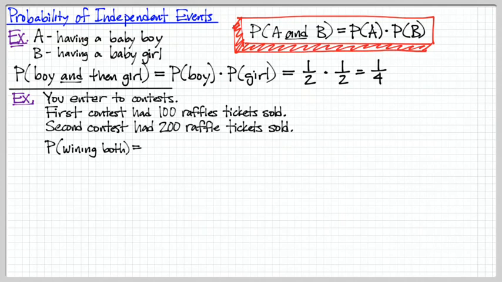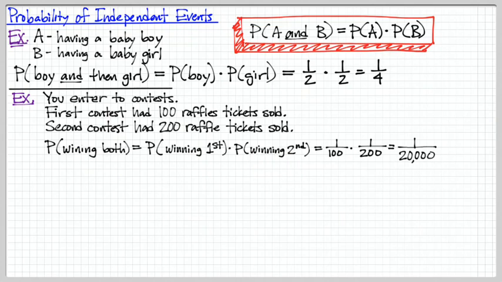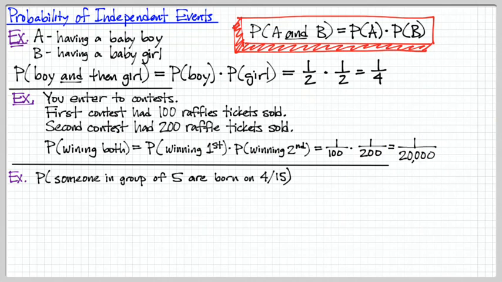The first contest had 100 raffle tickets sold, and the second contest had 200 raffle tickets sold, and they're independent events. So the probability of winning both is equal to the probability of winning the first one multiplied times the probability of winning the second one. So that would be equal to 1 over 100 times 1 over 200, which is equal to 1 over 20,000.